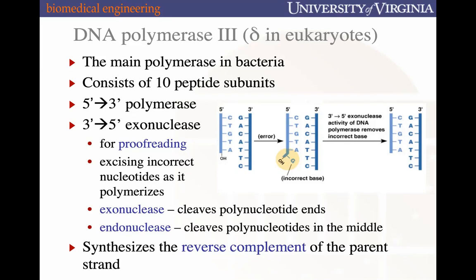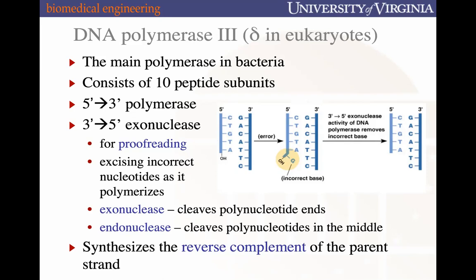So that change in conformation is going to elicit this proofreading, this exonuclease activity, where it'll move back and remove that incorrect base. Now that it's removed that base, it's going to go back to its polymerization activity and try to add the right base.